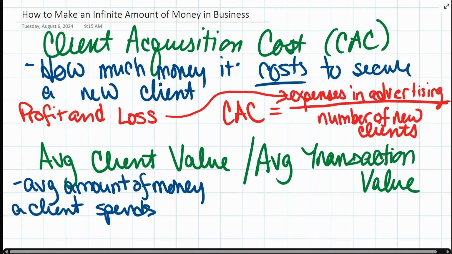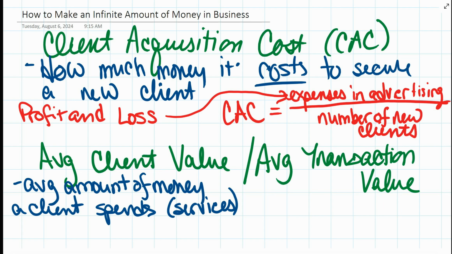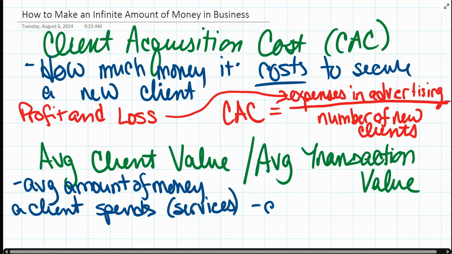And so this is usually a little bit better when we think about the number of clients that we service or number of clients we satisfy over the span of a month. So usually my average client value is a little bit more for service-based businesses, whereas my transaction value is the average amount of money in each sale.